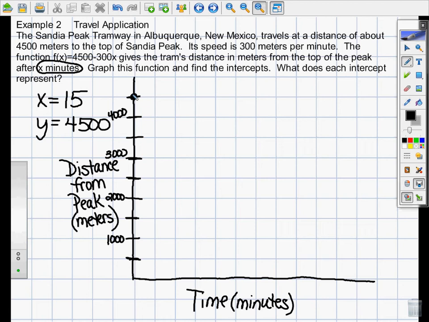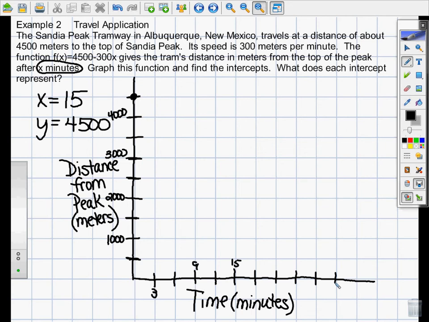Now for time, it's really up to you. You can decide whatever increments you choose. How about let's go by threes? I definitely don't want to go by ones. That means I'm going to have 15 blocks. I don't think I have 15 blocks. So I'm going to go by threes. So we'll call that one 3. There's 6, 9, 12. There's 15. There's 18, and so on, as you can see.